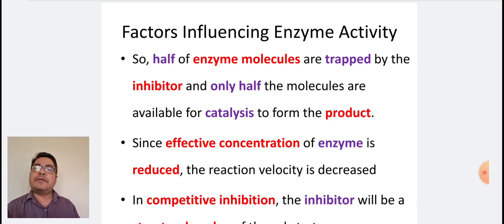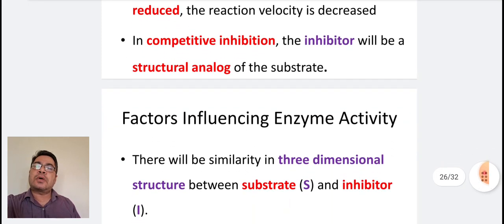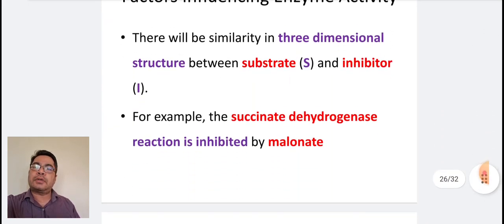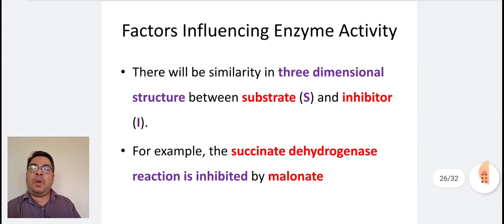In competitive inhibition, the inhibitor will be a structural analog of the substrate. There will be similarity in three-dimensional structure between substrate and inhibitor.